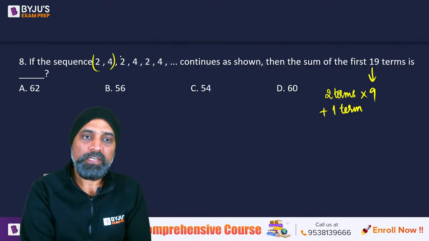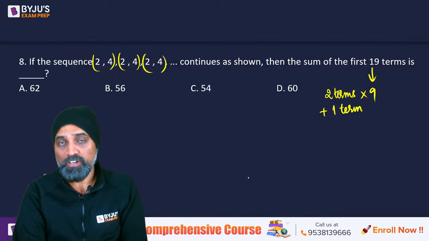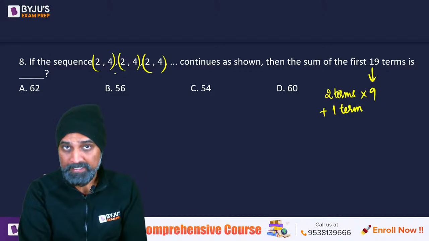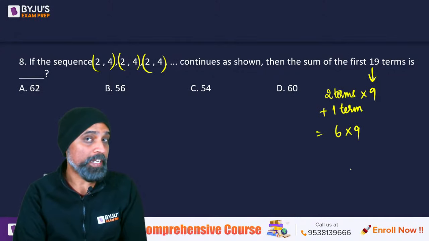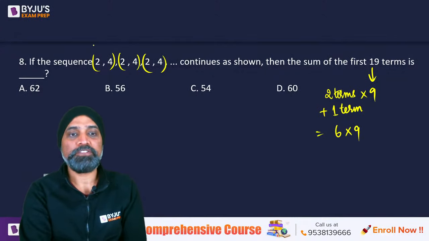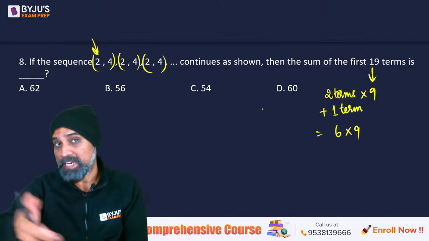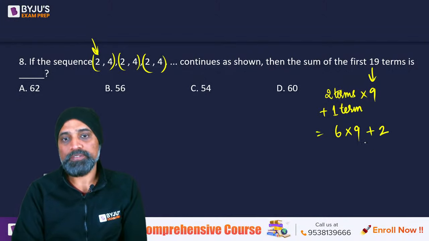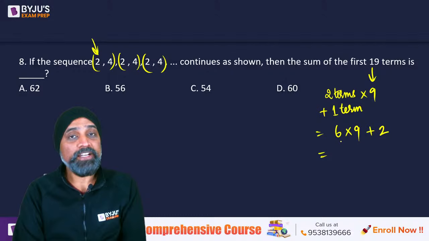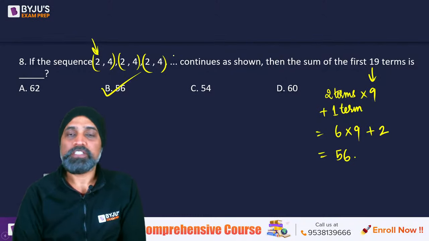Because if I take them in pairs, each pair adds up to 6. So 9 times we get 6, and 1 term means the first term of the 10th pair, because 9 pairs we have already calculated. That will be another 2. So 9 into 6 is 54 plus 2, that gives us 56. So 56 becomes our answer.